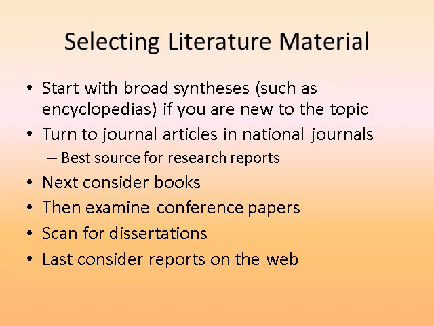You consider the books related to the topics, examine conference papers and presentations, and scan dissertation databases. You can also scan different government databases, and you consider the reports that you find available on the internet.